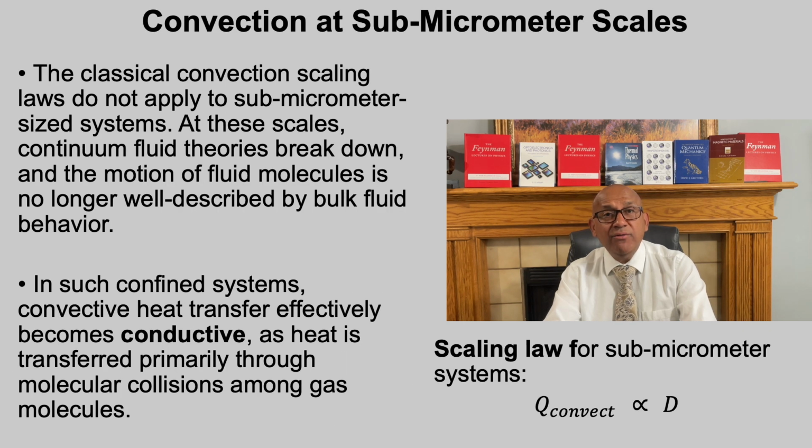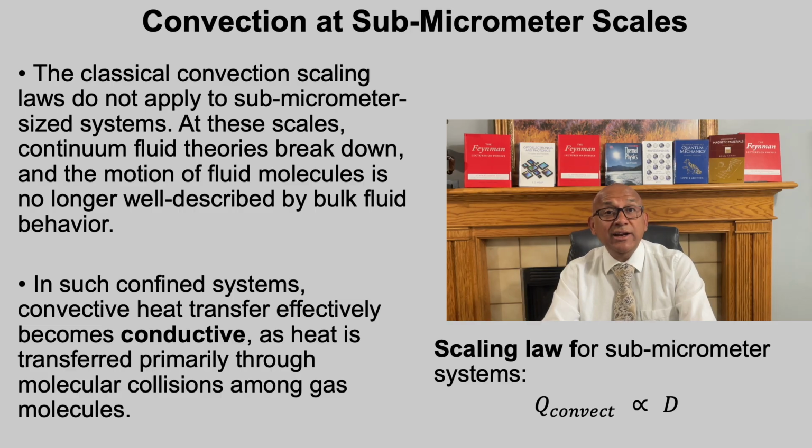The scaling law for convection that we just discussed applies well at macro and micro scales, but it breaks down when we move into sub-micrometer size systems. At these tiny dimensions, convection is no longer governed by classical continuum fluid theory. Instead, the behavior of heat transfer is dominated by molecular interactions.